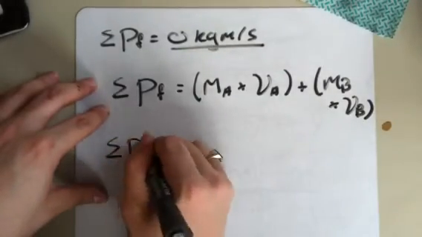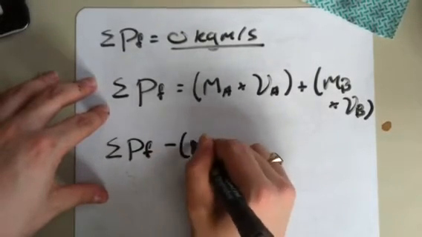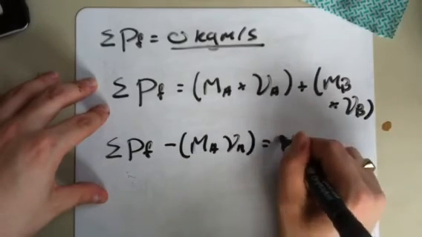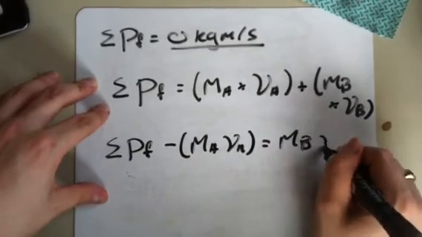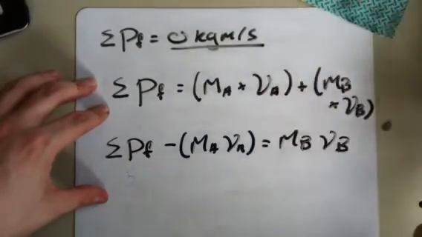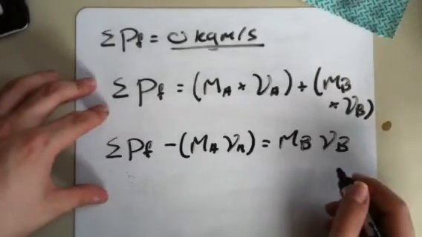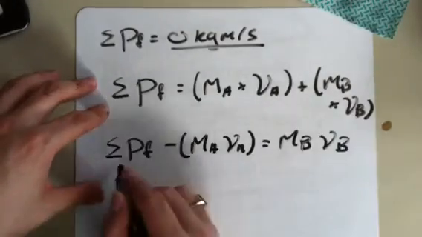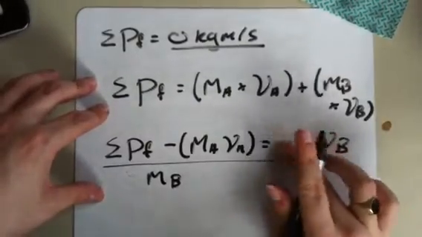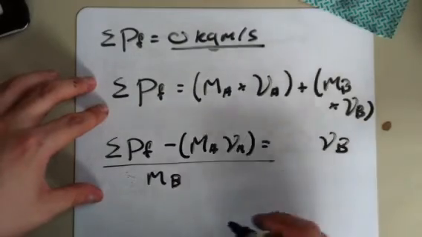So, sum of the total final momentum minus MAVA equals MBVB. We don't have to have the second part in brackets because it's the only expression over there. We've got the MB, so we just need to divide by MB to get an expression. So if we divide by MB on both sides, we get an expression for VB.